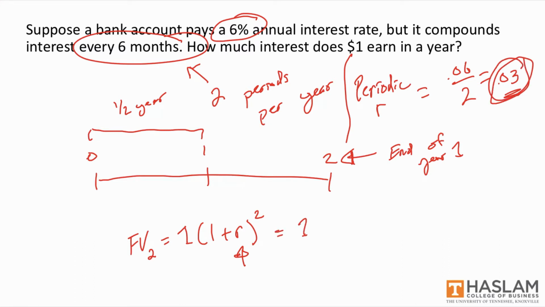So the future value is the $1 times 1.03 raised to the second power, and that is 1.0609. And so the answer to the question of how much interest does $1 earn in a year is 6.09 cents. If this were an annual compounding problem, that $1 would only earn 6 cents.